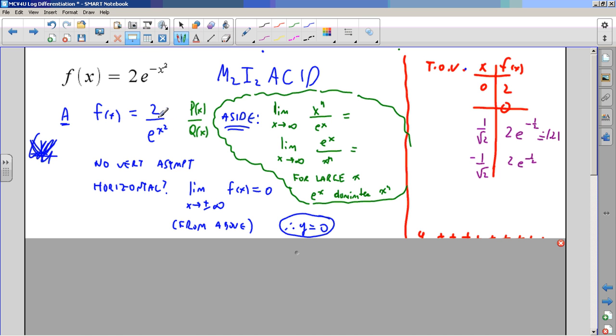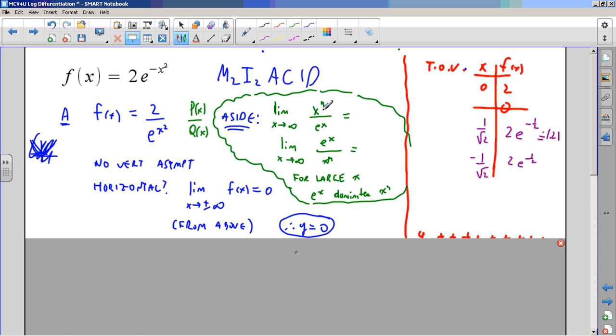Well, what happens when I have a combination of an exponential function and a polynomial function? The idea is the exponential function always dominates, and it doesn't matter what degree. This could be a polynomial function of degree a million, and the exponential function would still dominate. So the bottom here still has a higher degree than the top.